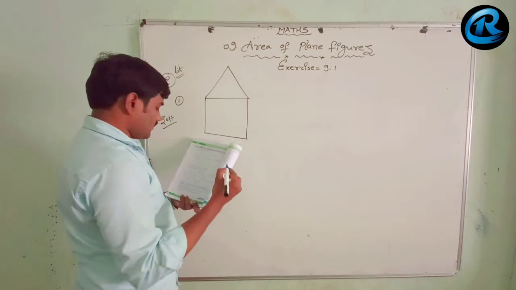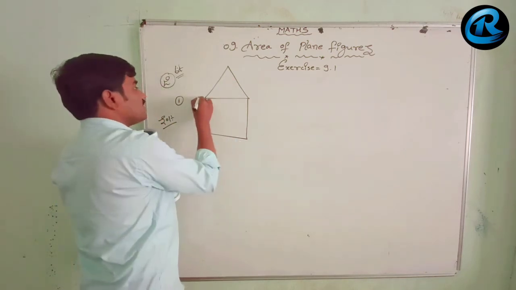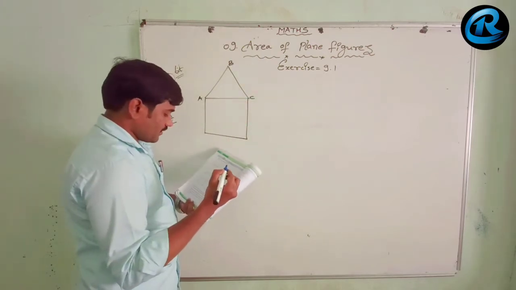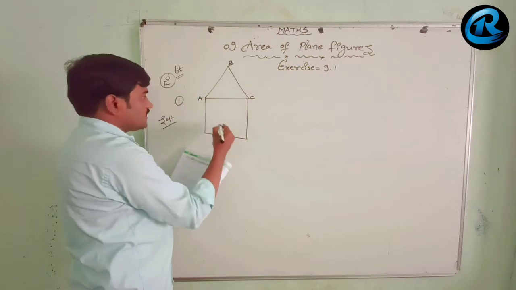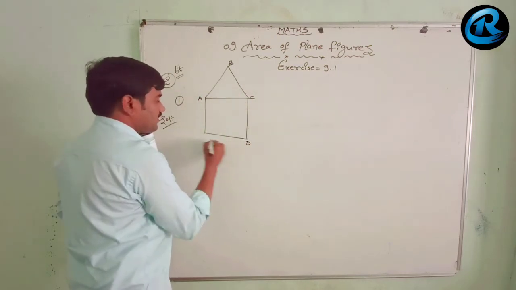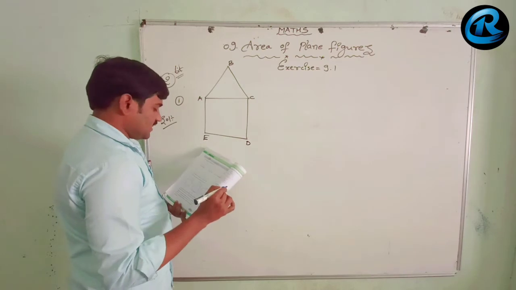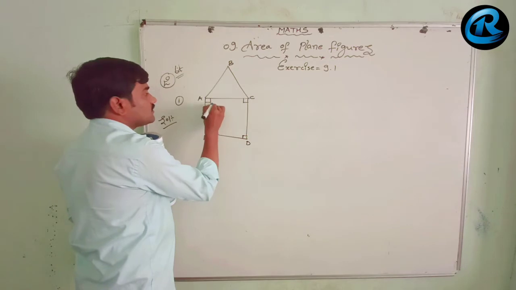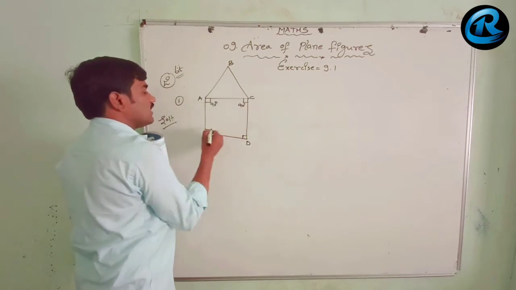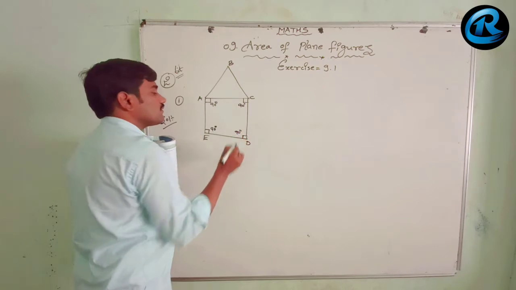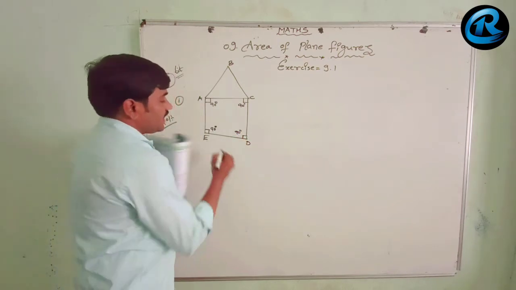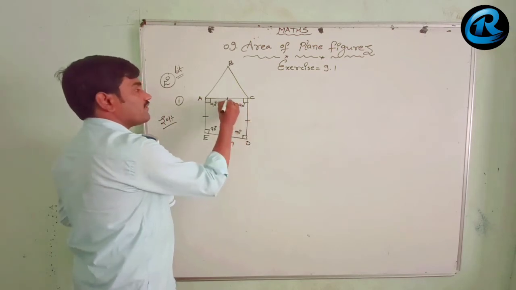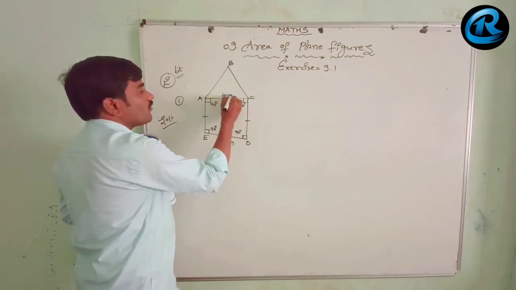Now let us find out. Here ABC is a triangle, as given by the name, and ACDE is a square. In a square all angles will be equal to 90 degrees, as we know. The side is 4 centimeter, then all the sides will have the same 4 centimeters.